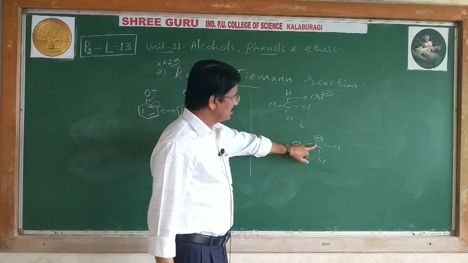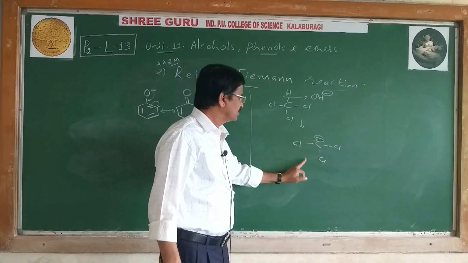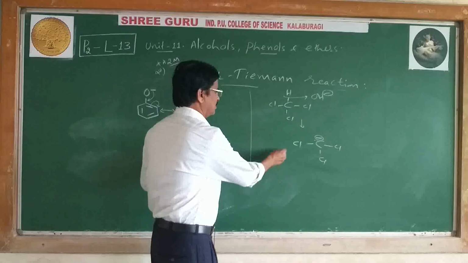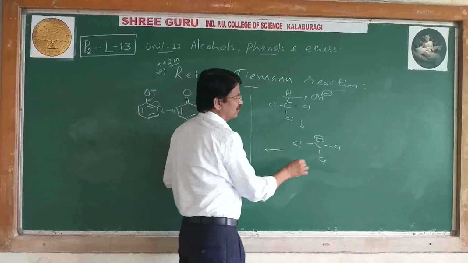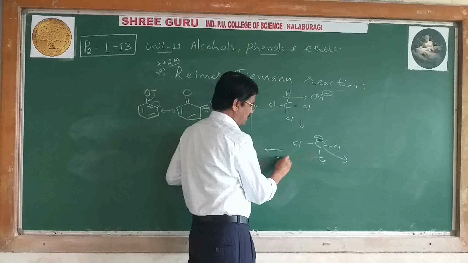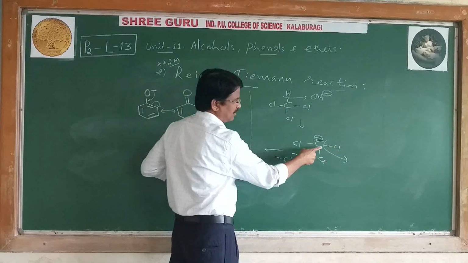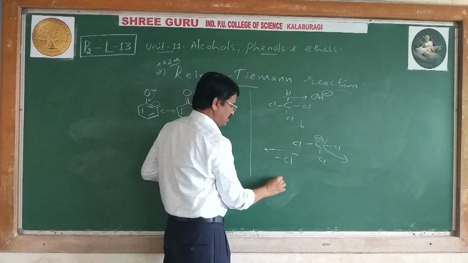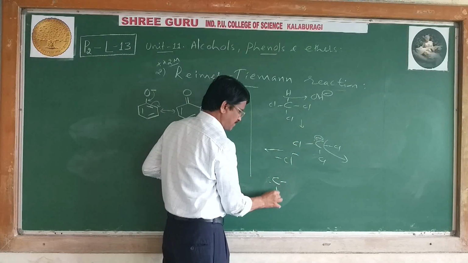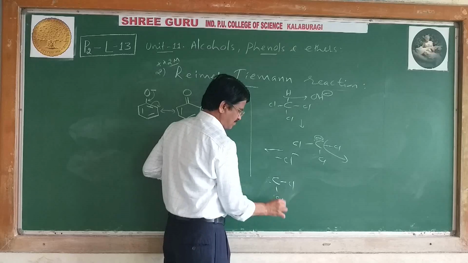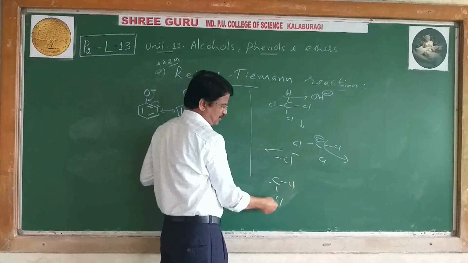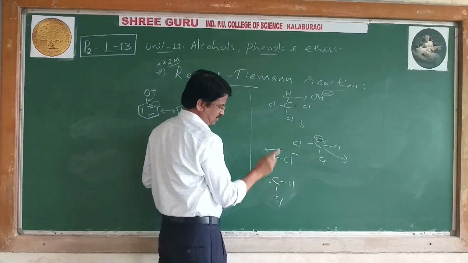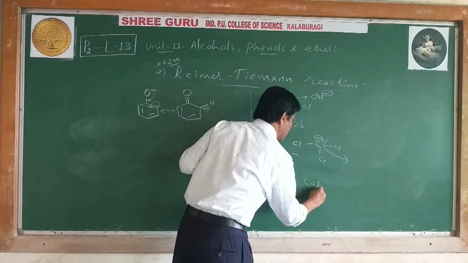Next, carbon with an electron pair, or negative charge, and having three electronegative chlorine atoms is most unstable, and this undergoes loss of Cl minus. When Cl minus is removed, the charges cancel and the electron pair remains. Therefore we get two Cl, an electron pair, no charge. It is called carbene.